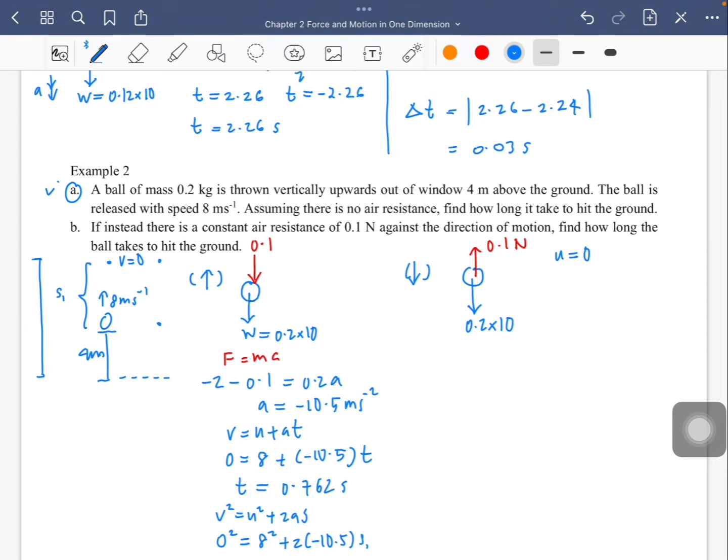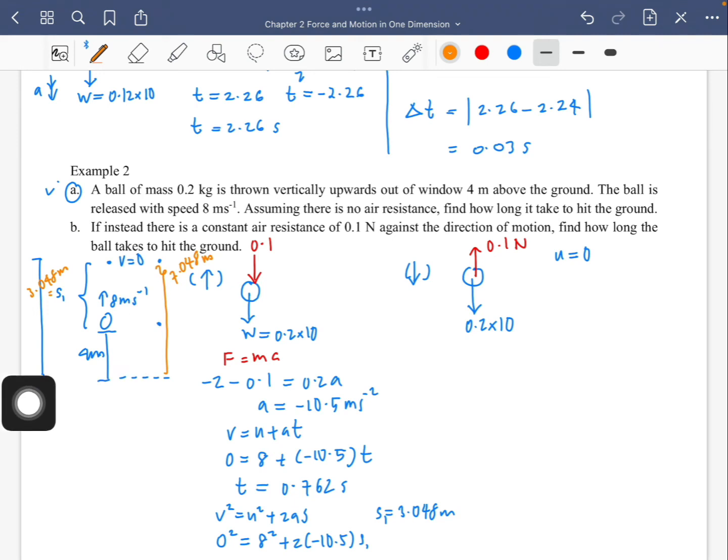So we get s1 equal to 3.048 meters. So the distance from the maximum height to the ground will be 7.048 meters. I'm going to use this value of s in solving the time taken from the maximum height to the ground.